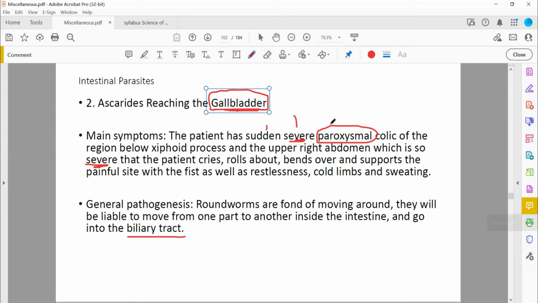So I would say the pain is paroxysmal. And the location is here, the upper right abdomen, that's where the gallbladder is. So this one is paroxysmal and very, very painful.